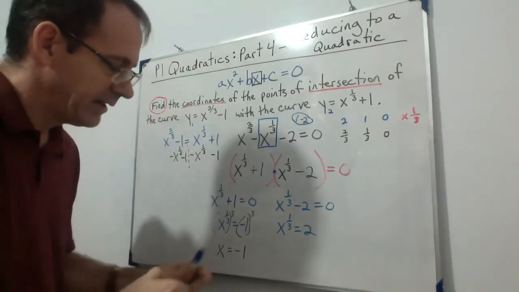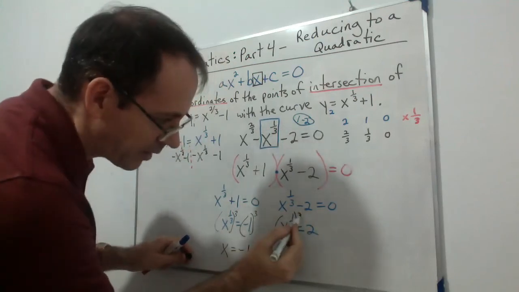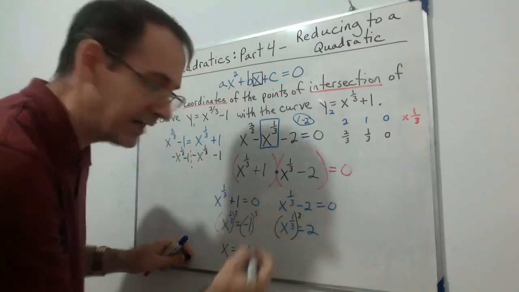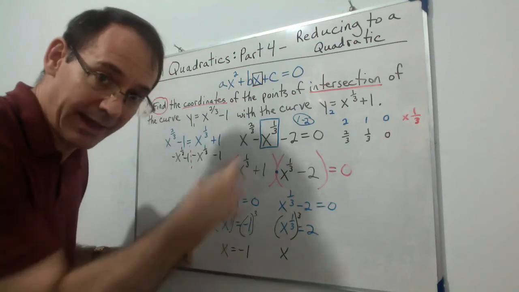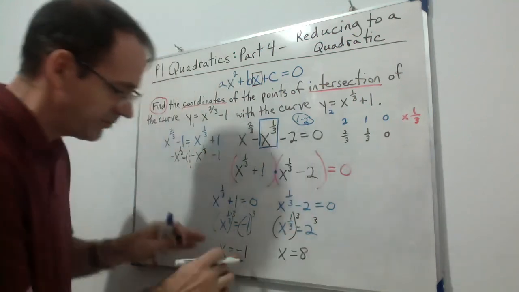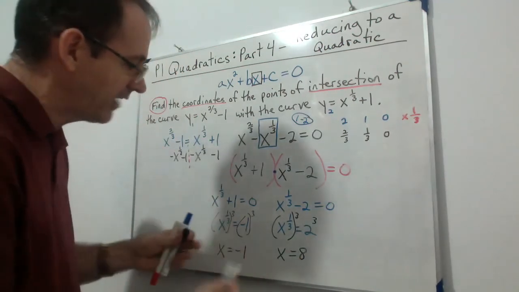So that when we cube both sides, notice your 3, when you have an exponent raised to an exponent, you multiply exponents. 1/3 times 3 is 1. That's what you want, x to the 1 power. So cube both sides, we get 8. So -1 and 8 are our answers.